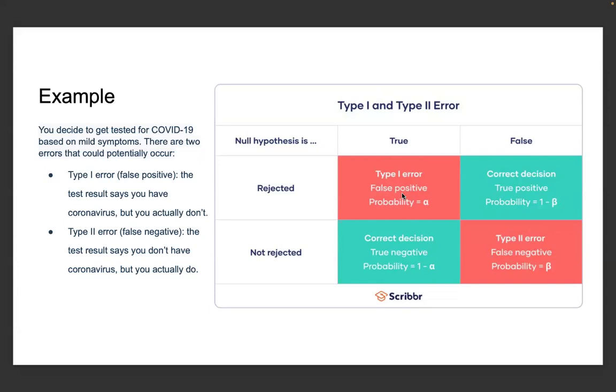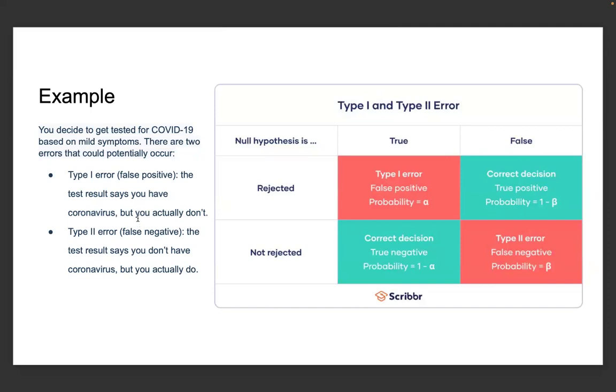For example, you decided to get tested for COVID-19 based on mild symptoms. There are two errors that could occur. So here, the first type error will be the test result says you have coronavirus, but you actually don't. So the test said that we have it, but actually the test had to say that we don't.